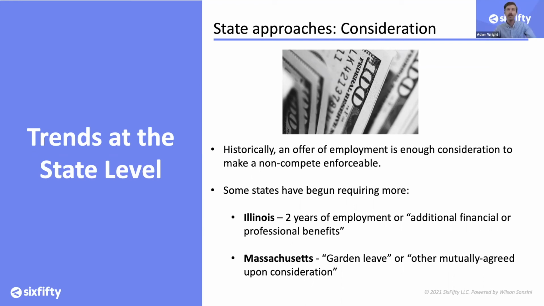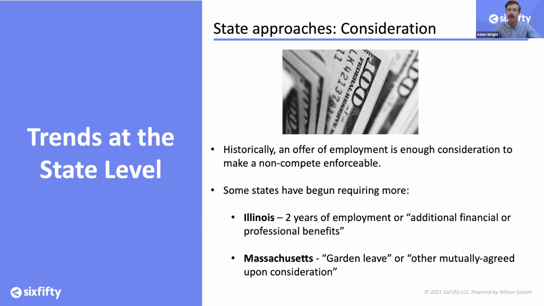So as Adrian said, historically, an offer of employment is sufficient consideration to make a non-compete enforceable. And that's still true in almost every state, but we are seeing some changes there. And two states that have made changes in that regard are Illinois and Massachusetts. So as Adrian said, in Illinois, you have to give either 2 years of employment or additional financial or professional benefits.